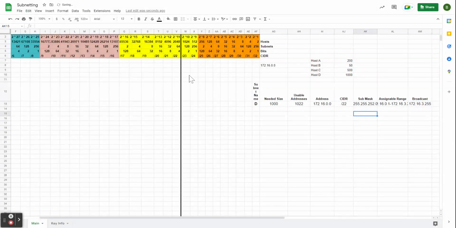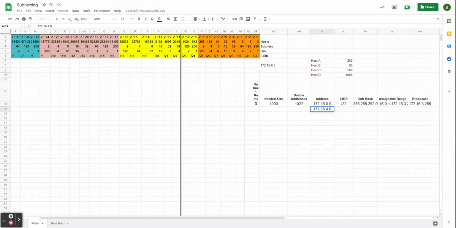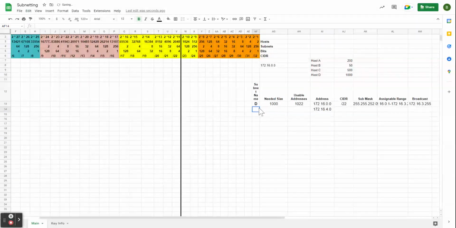Where I've got that from is, again, we're looking to the left of this line, and the third octet goes up in batches of 4. The third number will be going up in ranges of 4 as you hit the network. So the next network address, I could put that in now, would be 172.16.4.0.